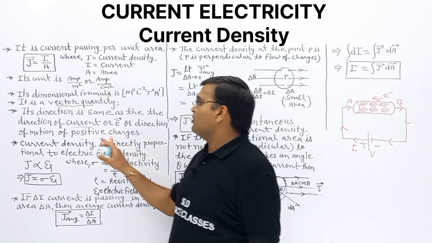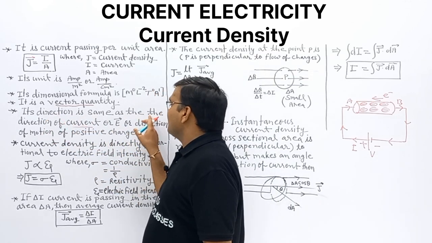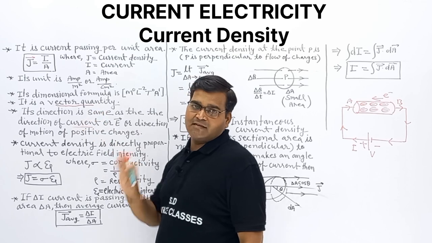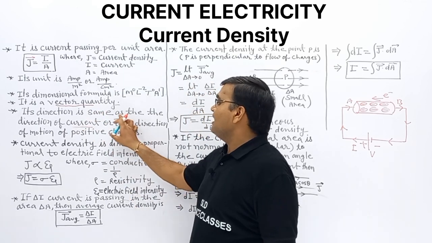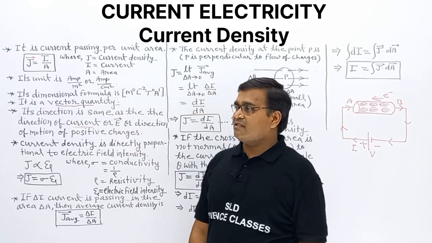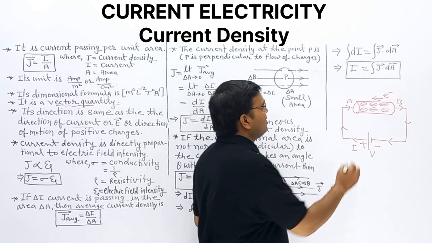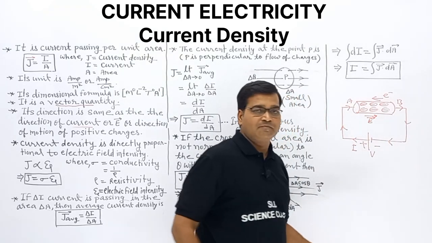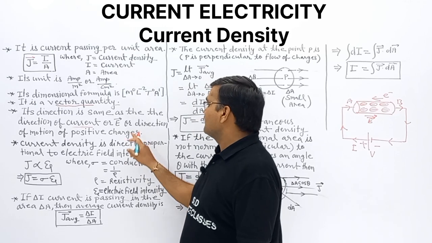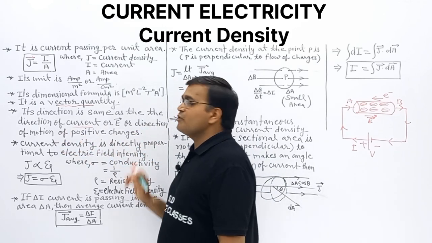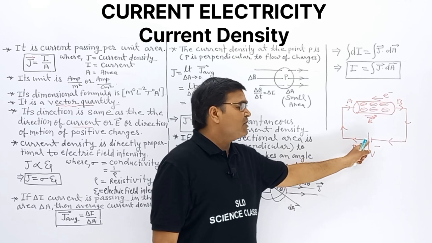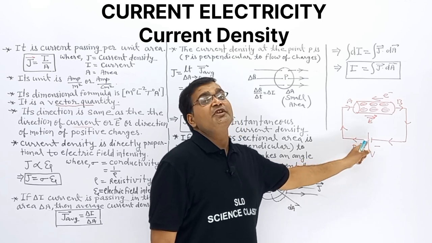So what are we observing? Its direction is the same: current density direction is the same as the direction of current, and current direction is the electric field direction, the direction of motion of positive charges. Obviously current starts from the positive terminal of a cell, so it is the flow of positive charges.